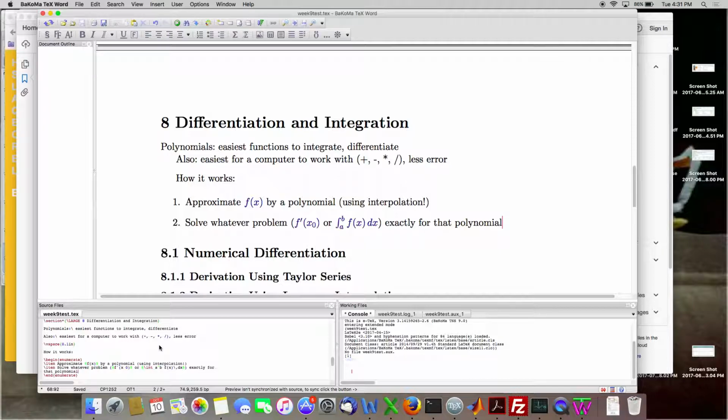So we're going to design methods. You can see how methods can be designed for computing approximate derivatives, approximate integrals, all based on polynomial interpolation.